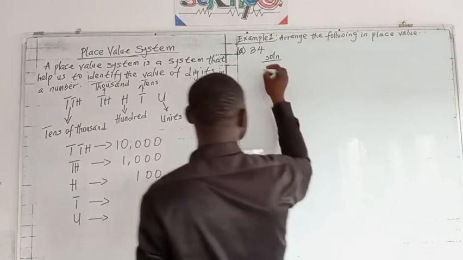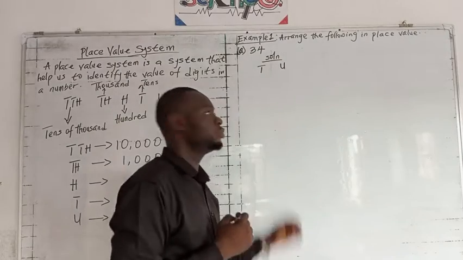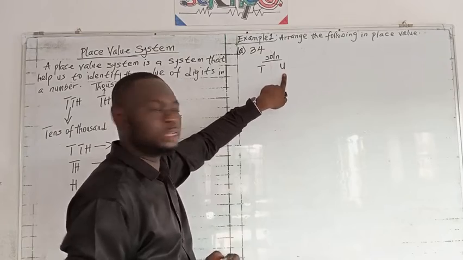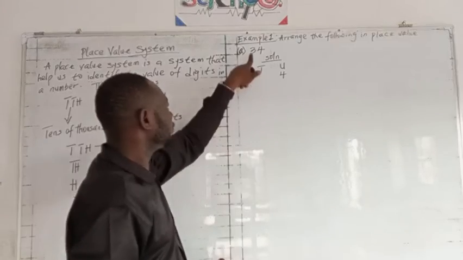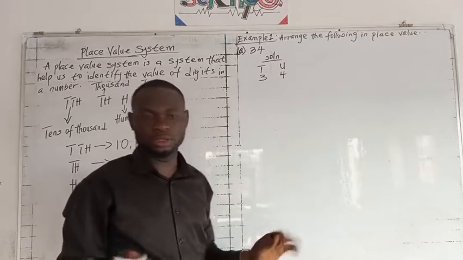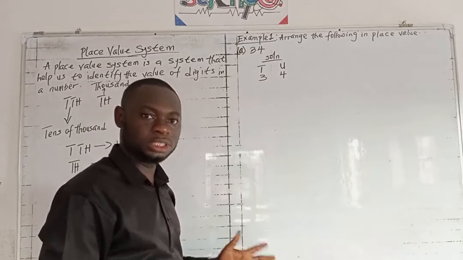Now we have tens and units. The first number is the unit number. It comes under U. So 4 is in units, followed by 3, which is in tens. We are done. This is how to arrange a number in the place value system.